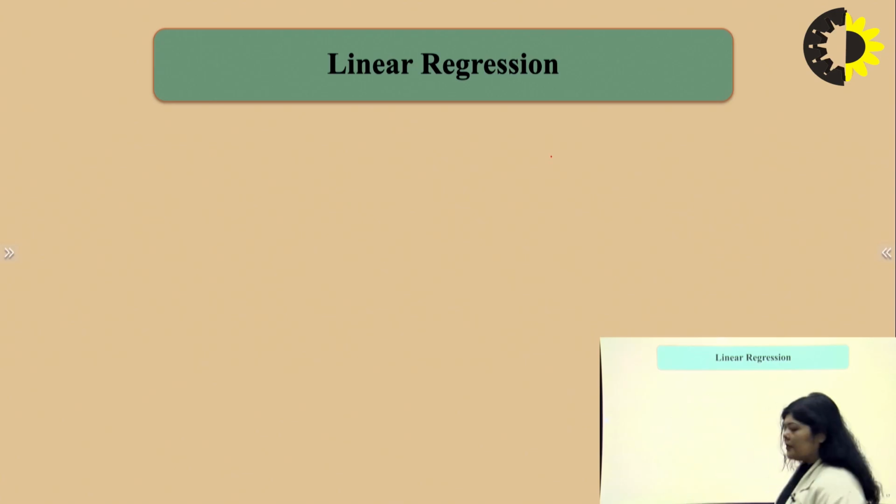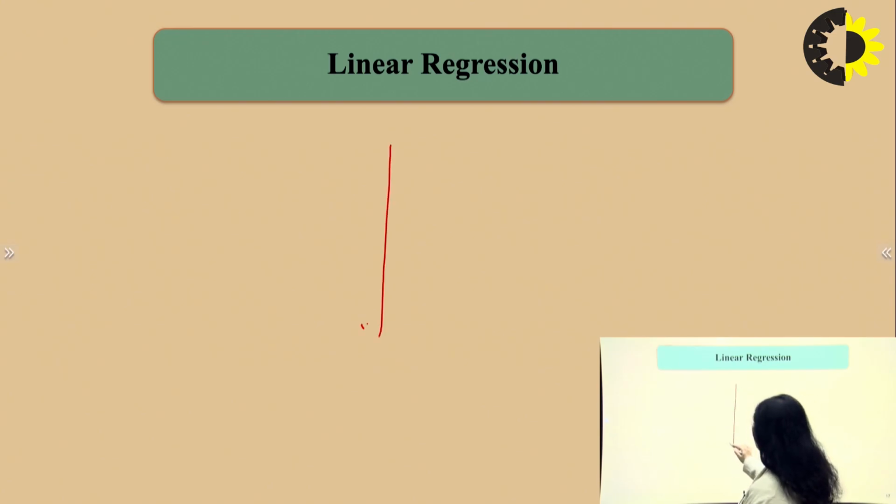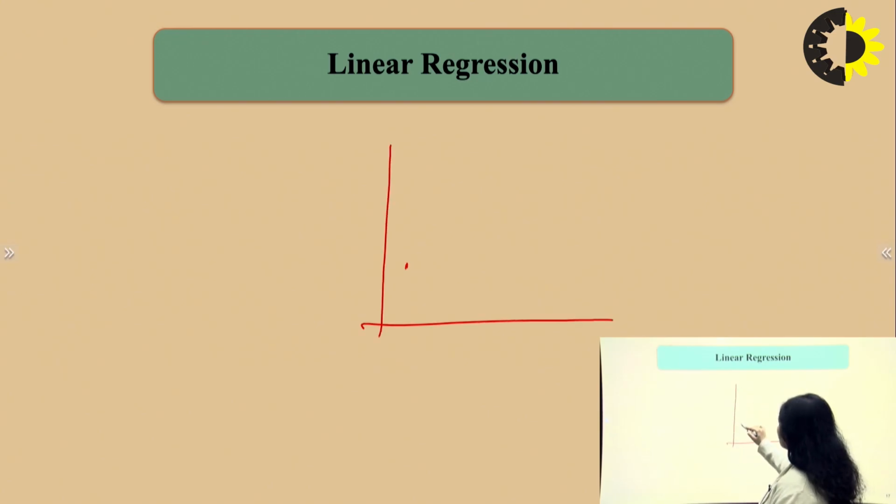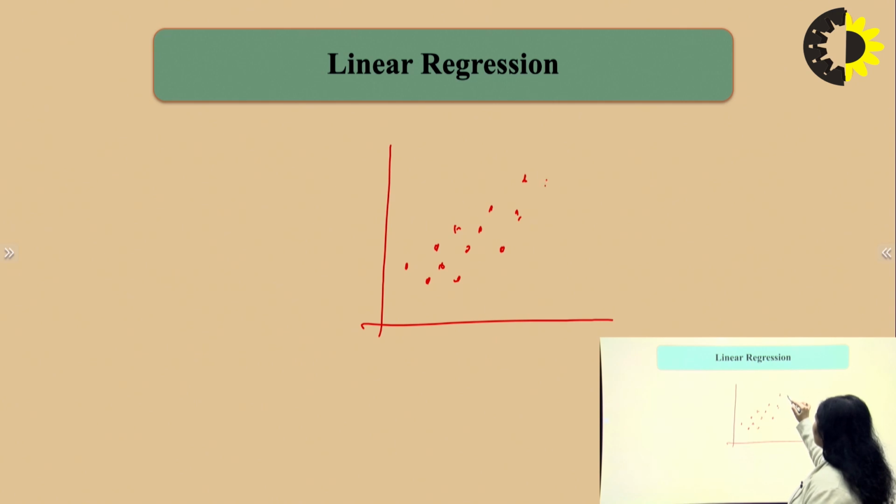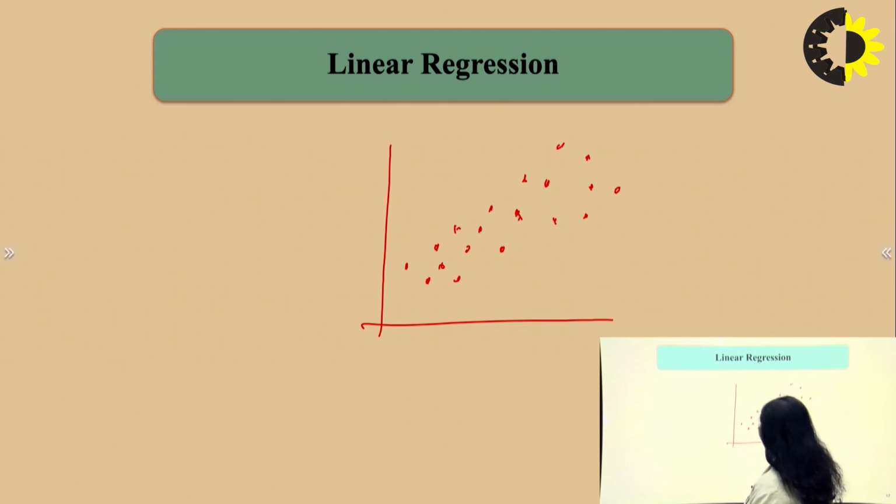To sum up for today, what we have learned here is that, for example, if we have been given certain data like this, the objective is to fit a line on this data.